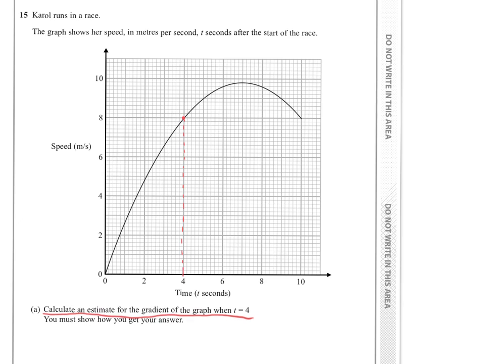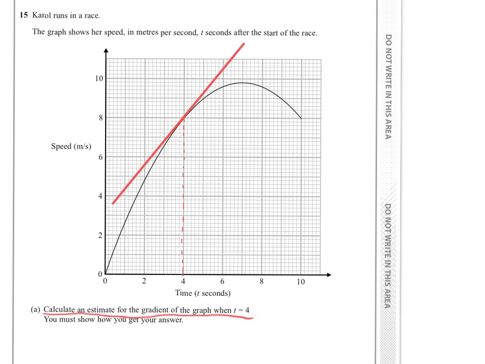So I'm going to give that a try. And then here we go. So there's my effort. And of course it's not going to be perfect, and that's why it's an estimate. Now, if I want to work out the gradient of that, I've got to do the change in y over the change in x, like dy dx.